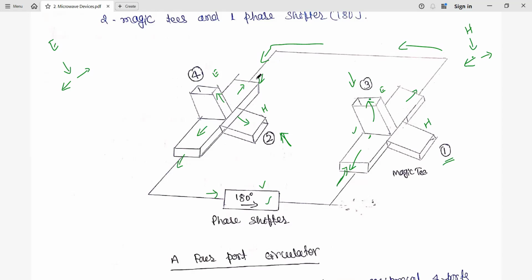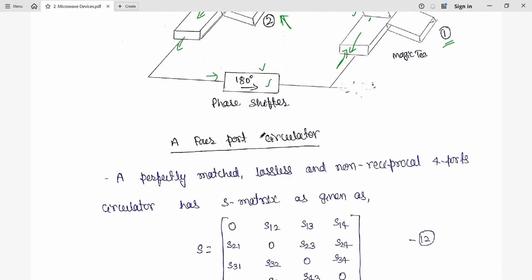Whereas if it comes to the collinear arm from 3, it already has a phase shift of 180 degrees and appears at port 2 with a phase shift of 180 degrees. So this is cancelled out. The phase shift should be 0 degrees or 360 degrees, then only transmission is possible. Like this we can understand.